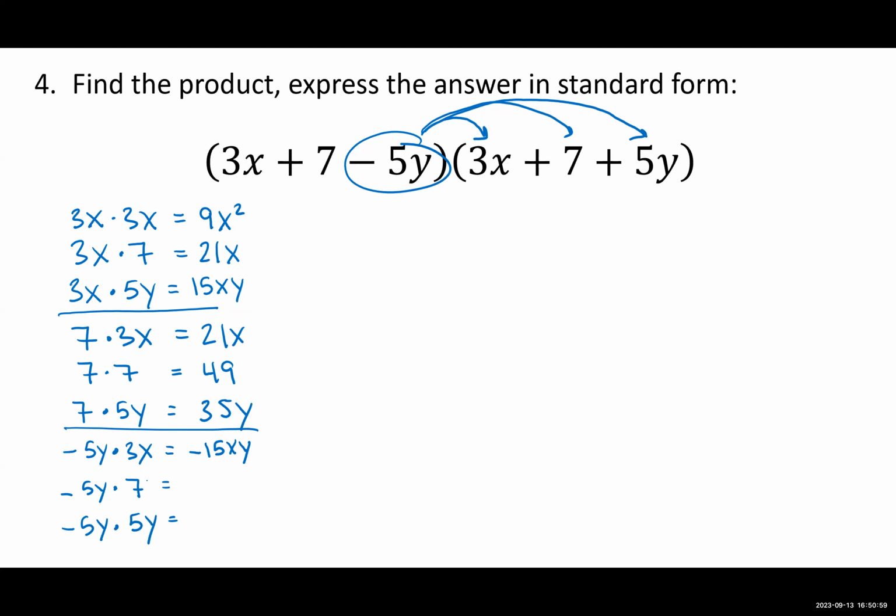Next, we got a minus 5y times 7. That'll give us a minus 35y. And we've got a minus 5y times positive 5y. Negative 5 times positive 5 is negative 25. And y times y is y squared.